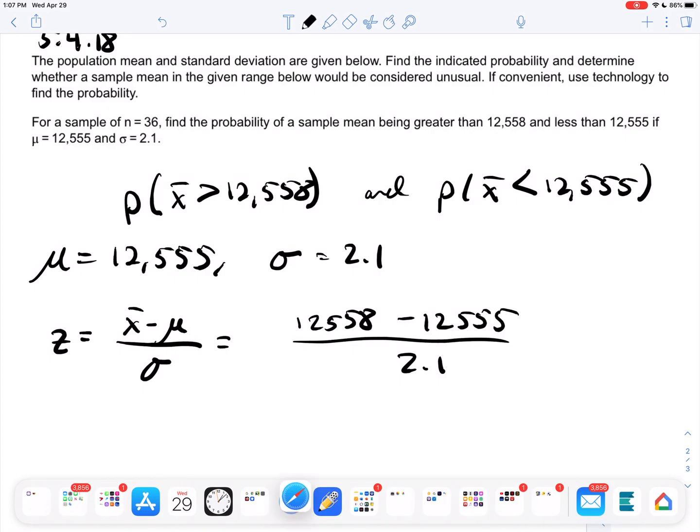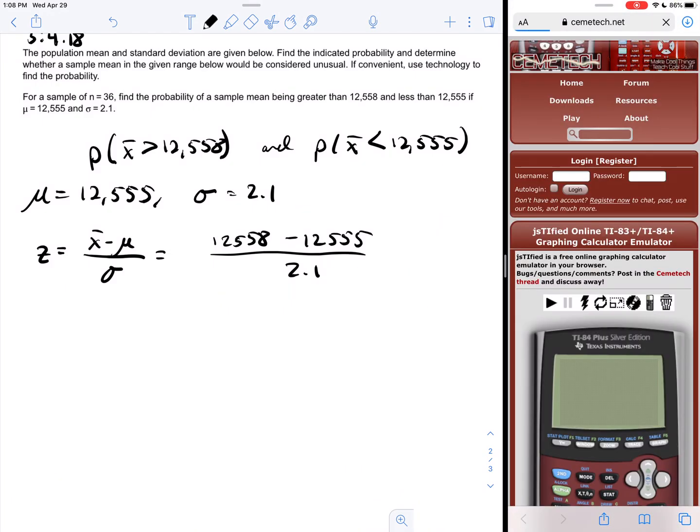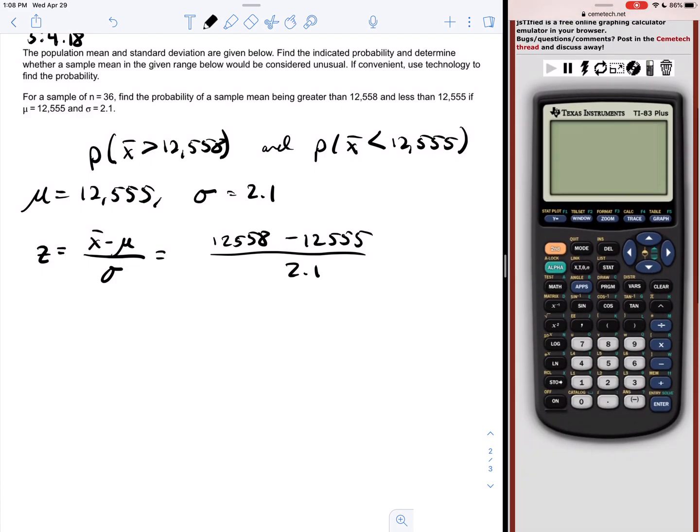I'm going to use my calculator here. Clear parentheses, 12,558 minus 12,555 divided by 2.1.